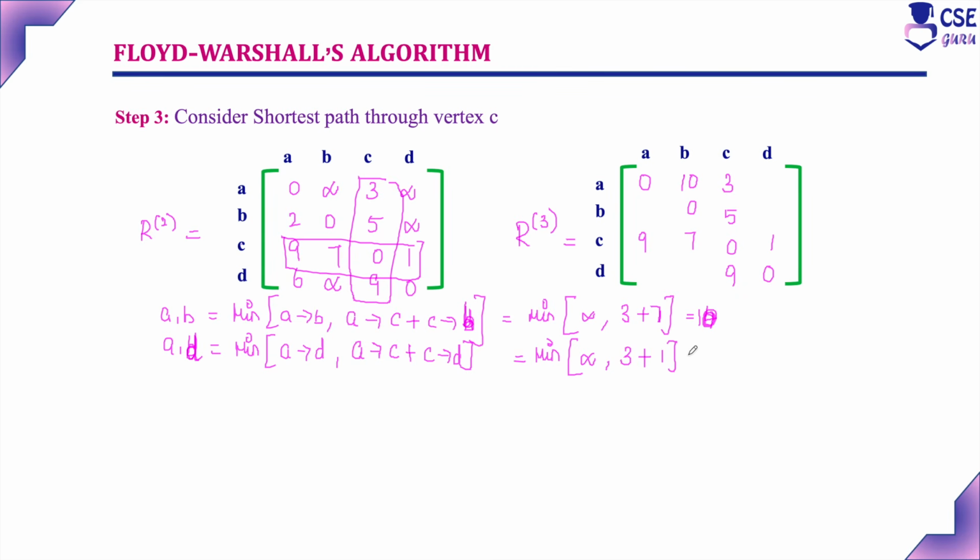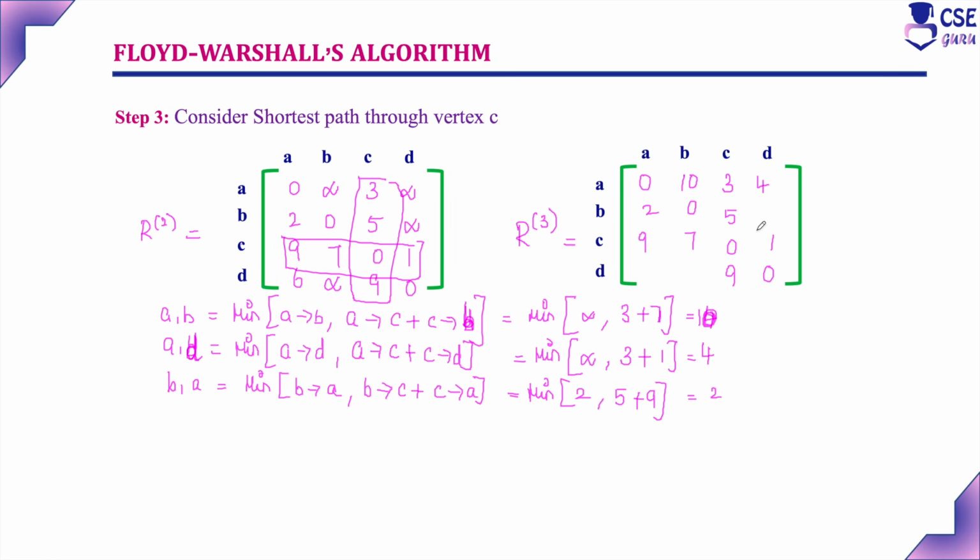The distance we will get is 4. And next is B to A. Minimum of B to A, comma, B to C, C to A. We consider the shortest distance through C. B to A is 2, B to C is 5, C to A is 9. So which one is minimum? 2 is minimum. So we will get 2 only.